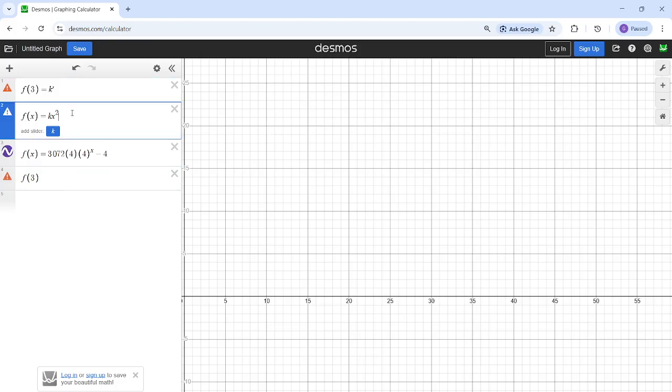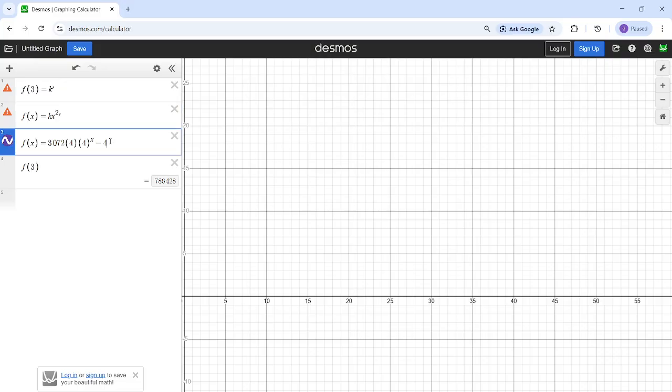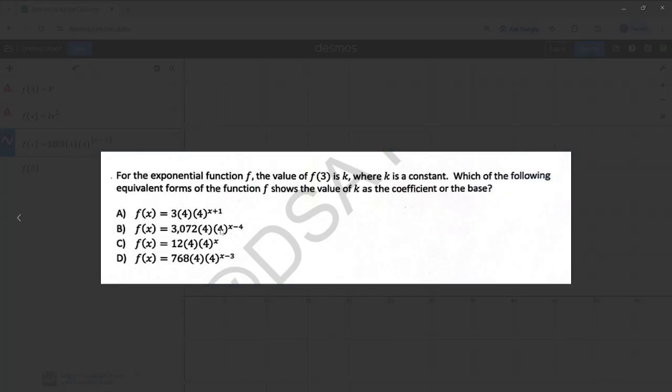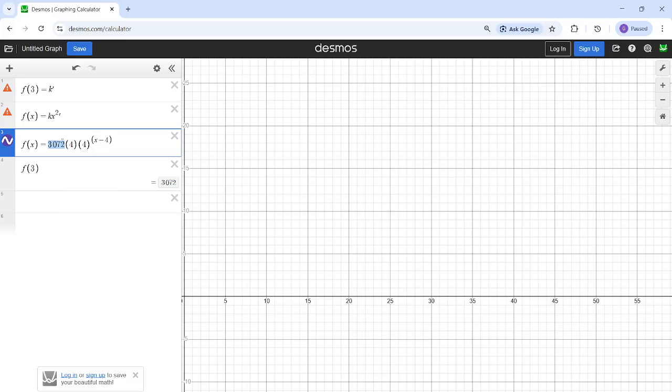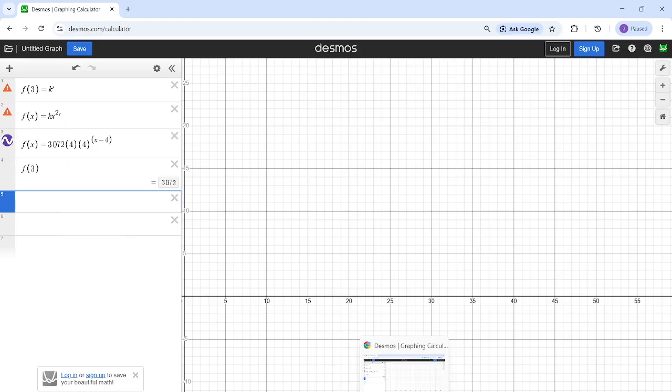When we put f of 3, the function becomes 72. So the answer of this function, which is k, is equal to 72. And we could also see that this same number is shown here as the base or the coefficient of the function. So the answer to this question would be B, because k is right here. k is given in the function itself. That is how you could solve this question.